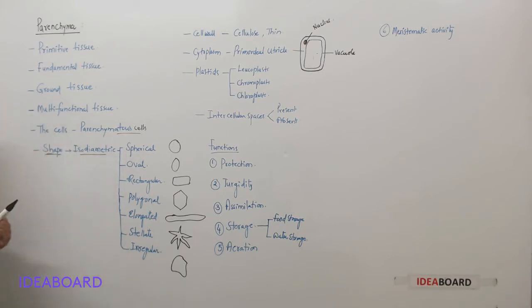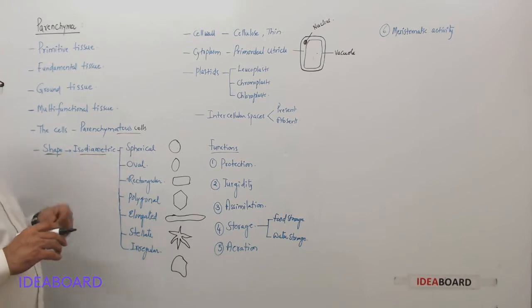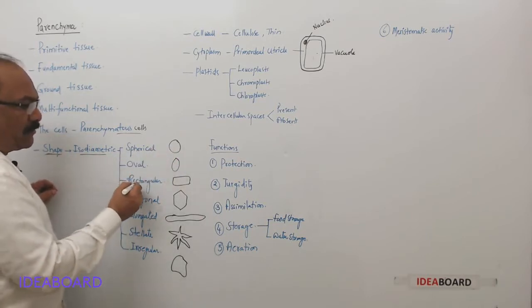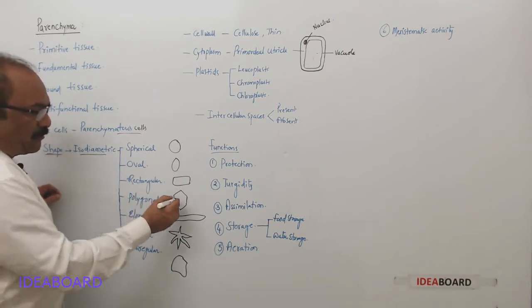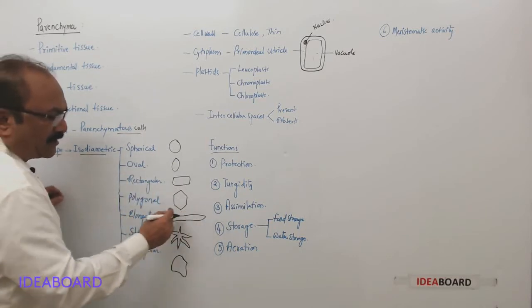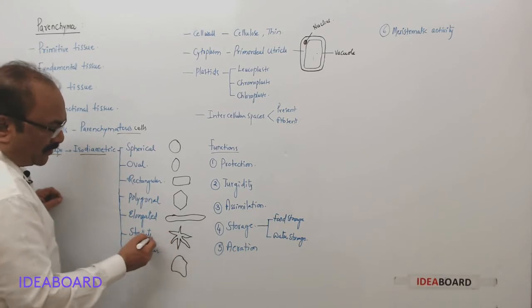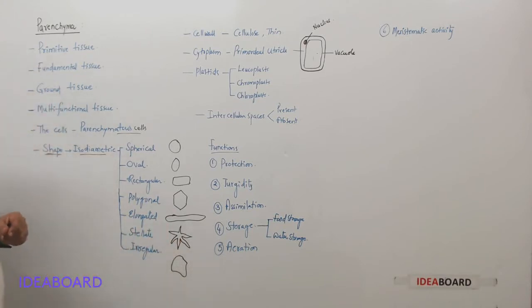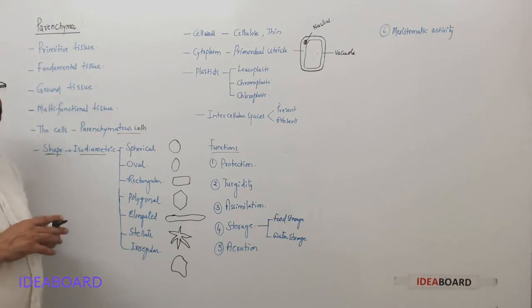You see here, they may be spherical, oval, rectangular, polygonal, elongated, star shaped, that is stellate, or irregular. So that is the shape of the parenchyma cells.